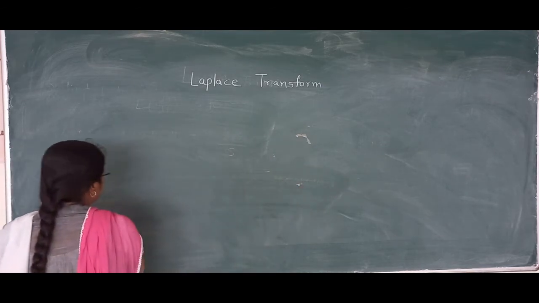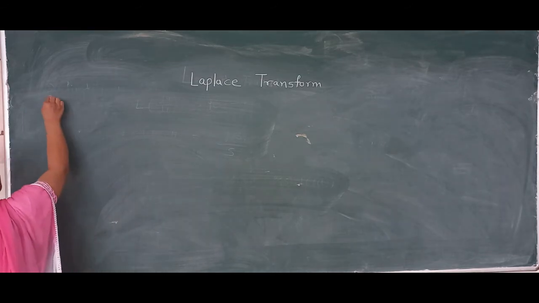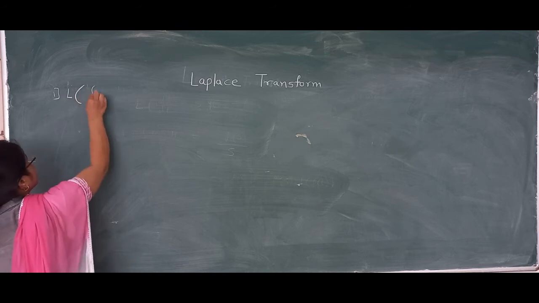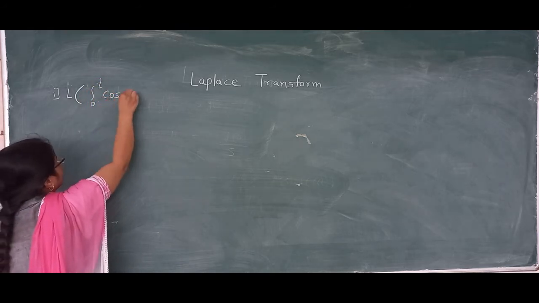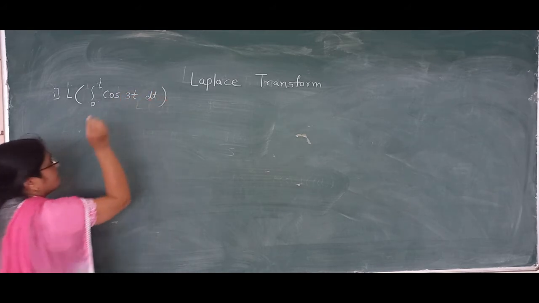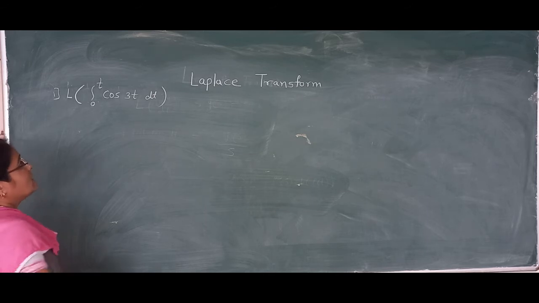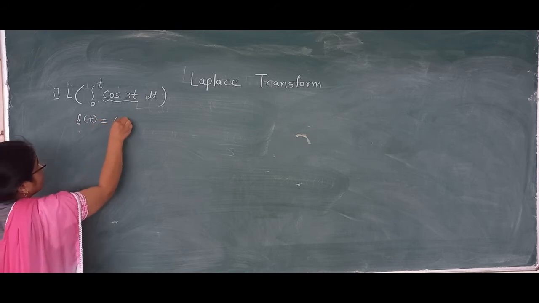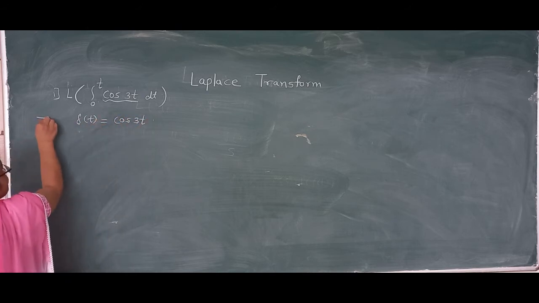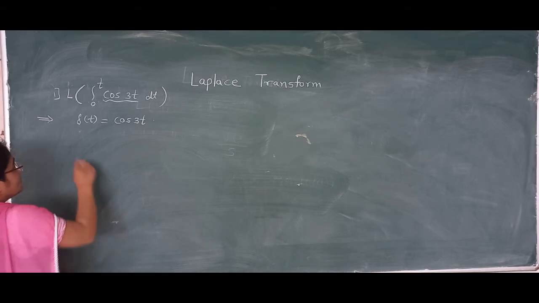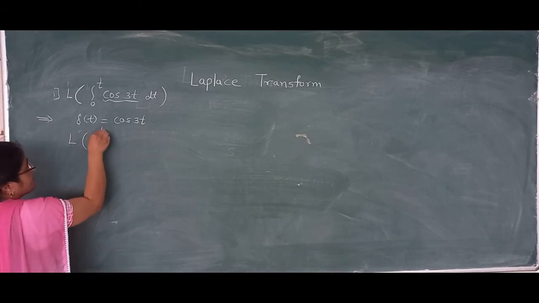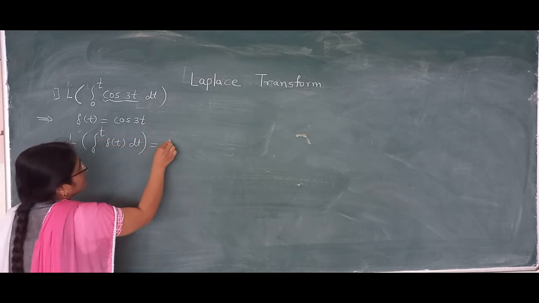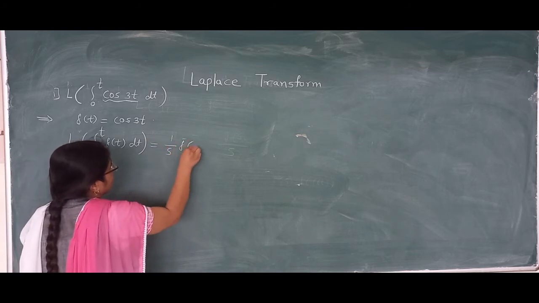So first example, find Laplace of integration 0 to t cos 3t dt. So here your f of t is cos 3t. We know that Laplace of integration 0 to t f of t dt is equal to 1 upon s f bar of s.